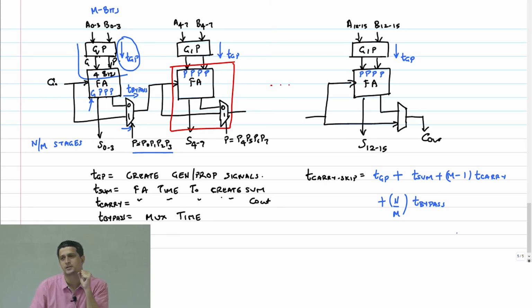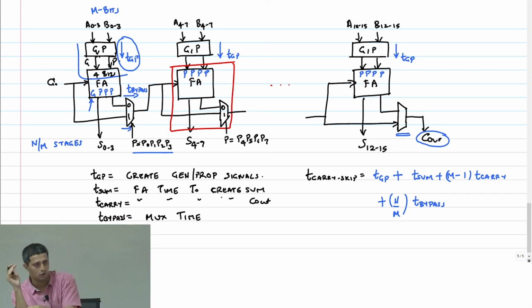Now question is, if you bypass the last mux, what are you doing? You are basically telling me when C out will be ready. This time that you have told me, T GP plus T sum plus M minus 1 T carry plus this, is basically the time it's going to take for the carry out to be ready.